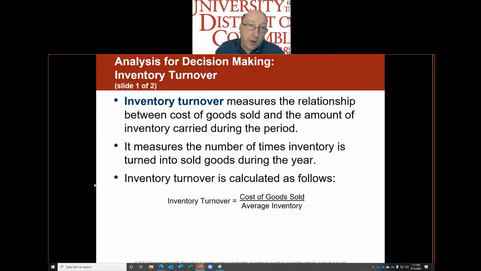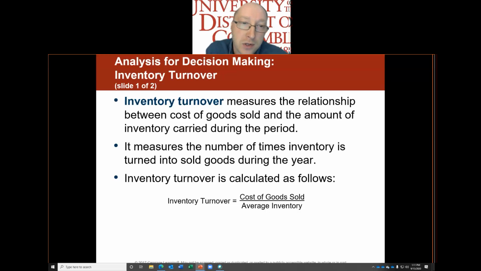Okay, let's talk about inventory turnover. Very similar to what we covered earlier, another ratio that managers look at to understand if the inventory is helping the business to gain additional revenue is what we call the inventory turnover ratio.